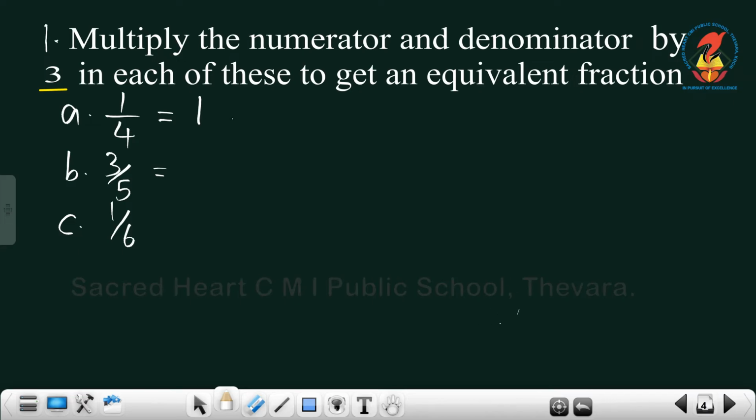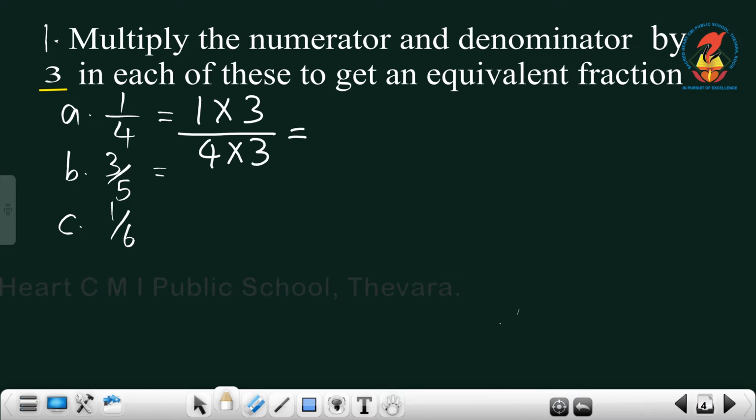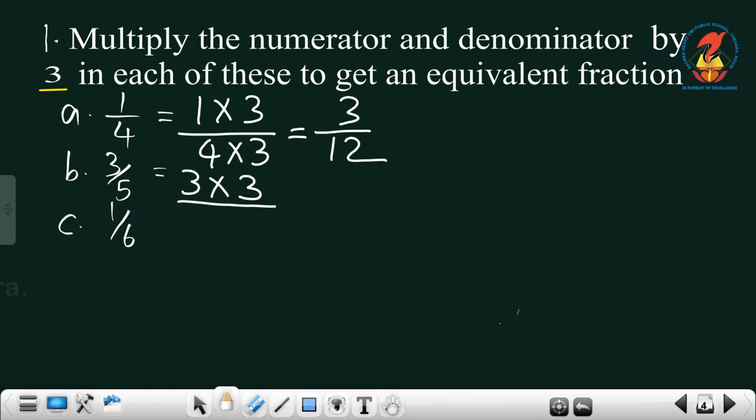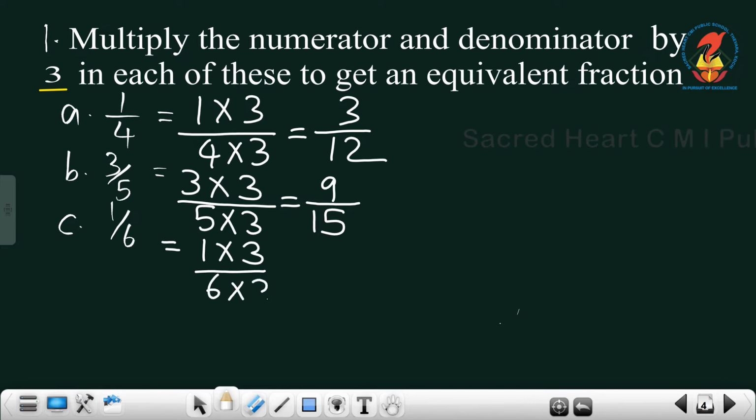Same number only, right? 1 threes are 3, 4 threes are 12. And here also we multiply by 3. 3 into 3, 5 into 3, and the answer is what? 9 by 15. And the next is 1 into 3 and denominator 6 into 3. Answer is what? 3 by 18.